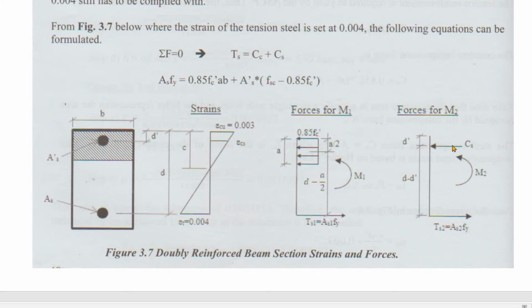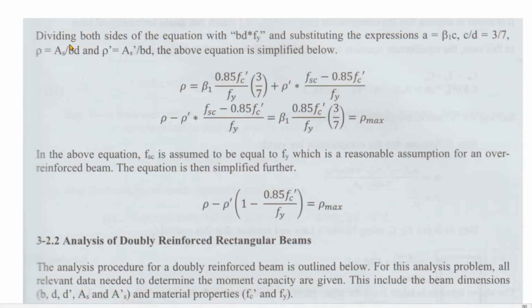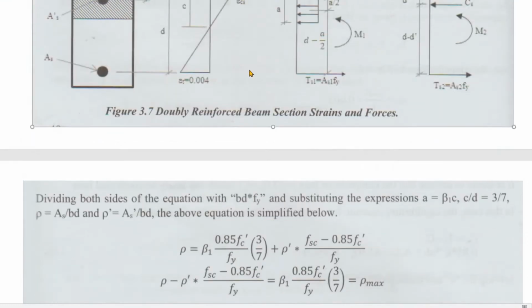Ito ngayon yung bubuhatin ng compression steel na A prime S, which is at d prime. Ayan siya. So, ito magiging C sub S. Kaya siya naging M2, ang lever arm niya, d minus d prime. So, dividing both sides of the equation by bd times Fy.